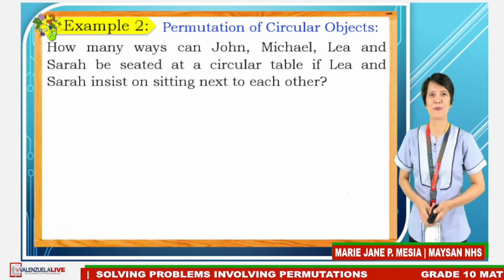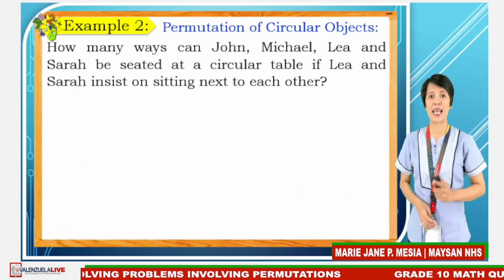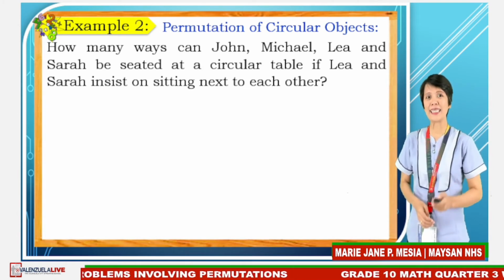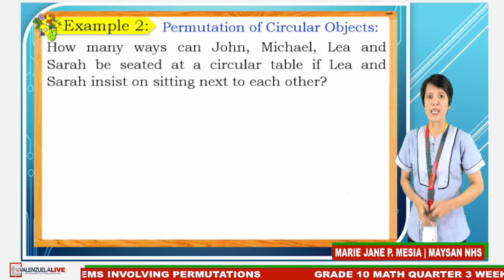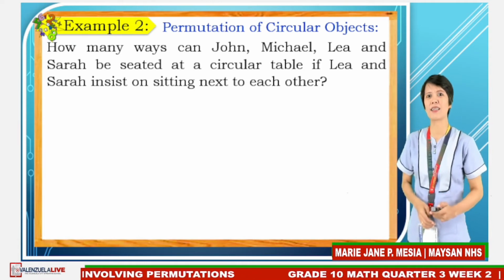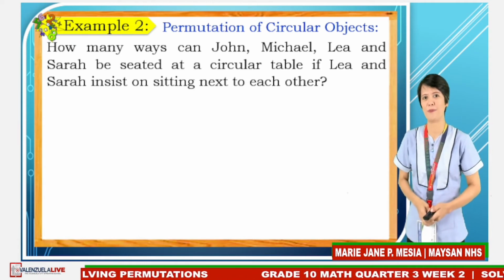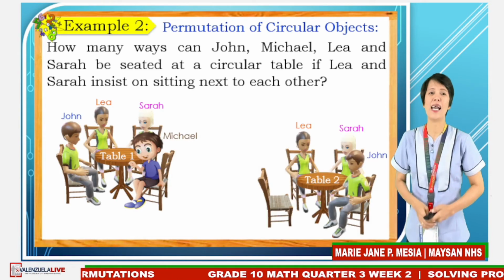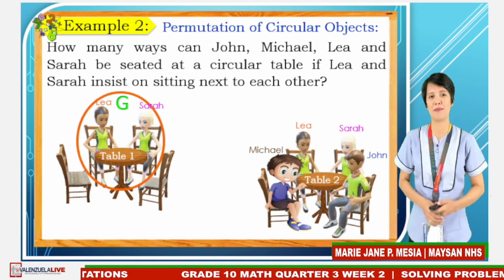Example number 2. How many ways can John, Michael, Leah, and Sarah be seated at a circular table if Leah and Sarah insist on sitting next to each other? Here, we can fix the girls in one place and the 2 boys may rearrange themselves.